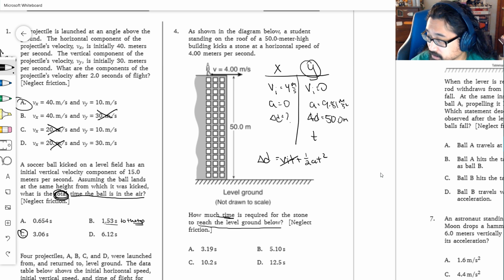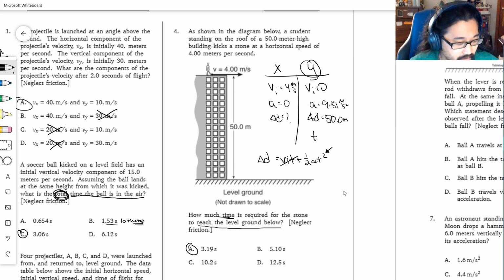If you do the math, and make sure that you remember the squared, you get 3.19. If you don't remember the squared, you're going to get choice C. Be very careful. If you don't remember the half, you might end up with B. I don't recall exactly.